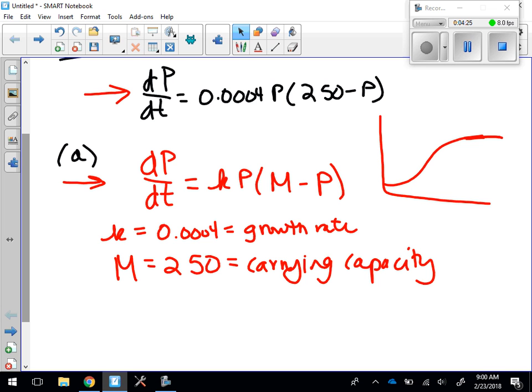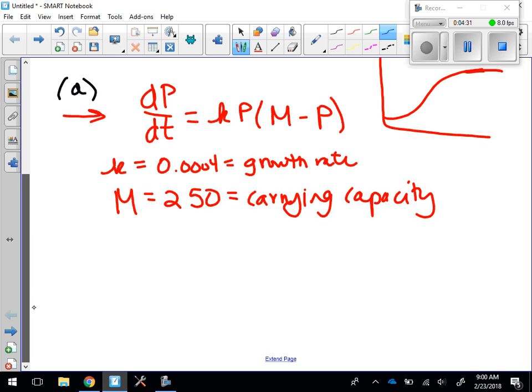So, what does part A ask us to do? Okay, so that means that we want to find a formula for P as a function of t. And if this is a logistic differential equation, according to our notes from yesterday, what's P equal to?